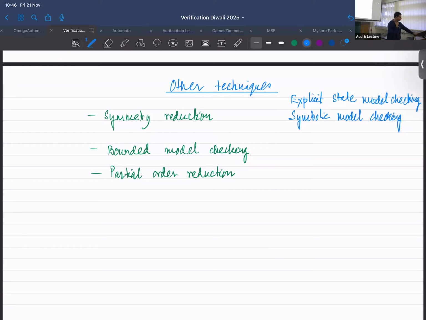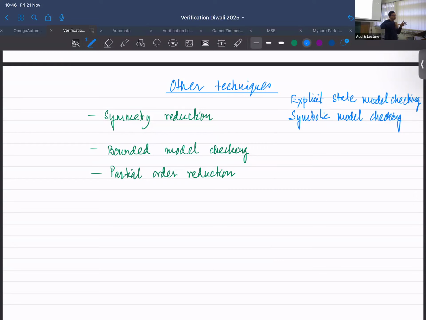Then there is something called bounded model checking. The idea is that sometimes you have a program and you want to check whether it satisfies a certain property. Often there will be loops in the program, and people have empirically found that when you are violating some property, you may not be violating it very deep in the program.